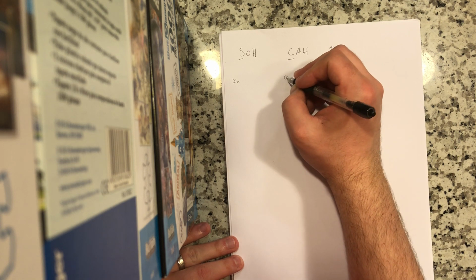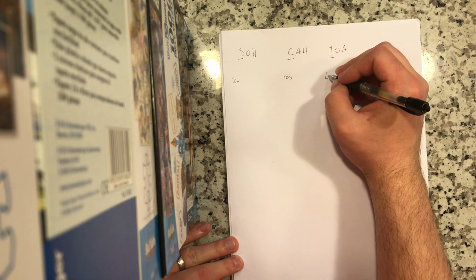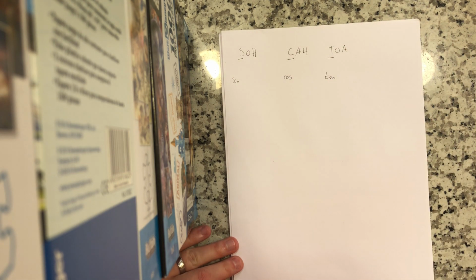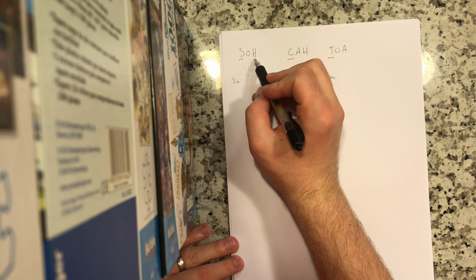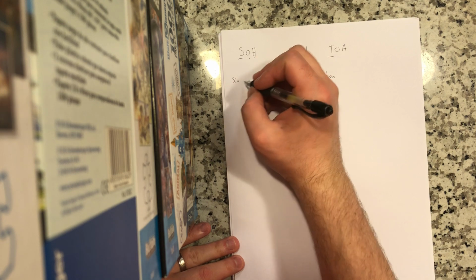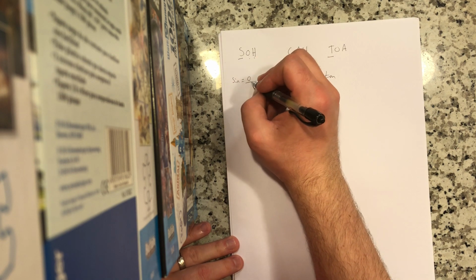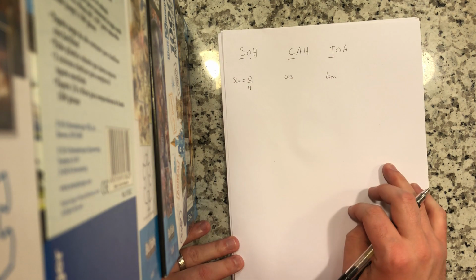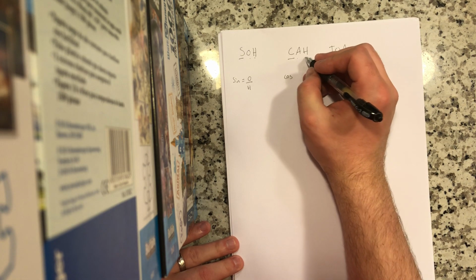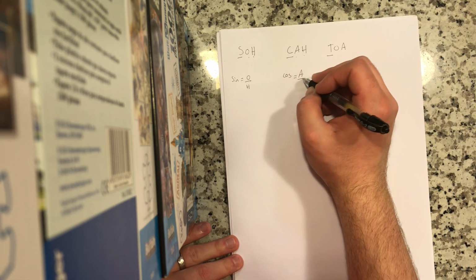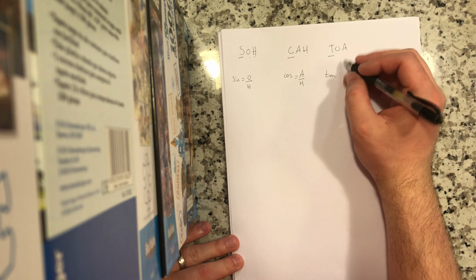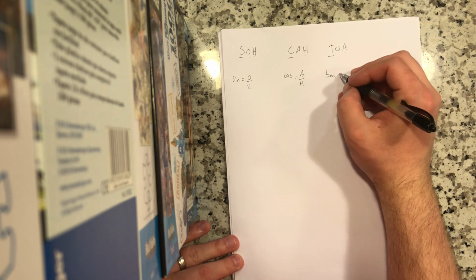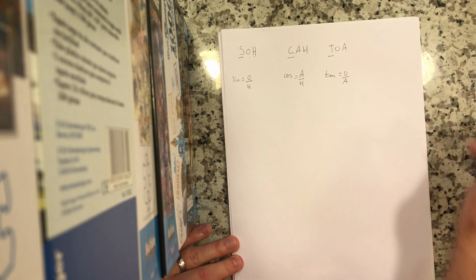This is going to represent cosine. And this one's going to represent tangent. These other letters underneath here, O and H, those are going to represent the opposite over the hypotenuse. A and H, those are going to represent the adjacent and the hypotenuse. And then the tangent, we have O and A, which is going to be the opposite over the adjacent.